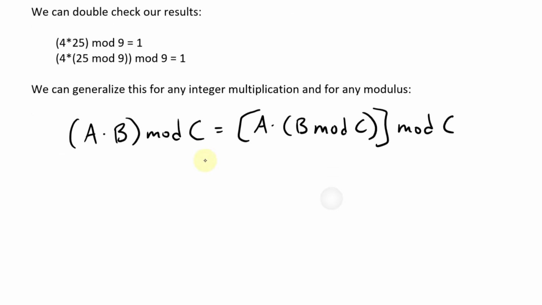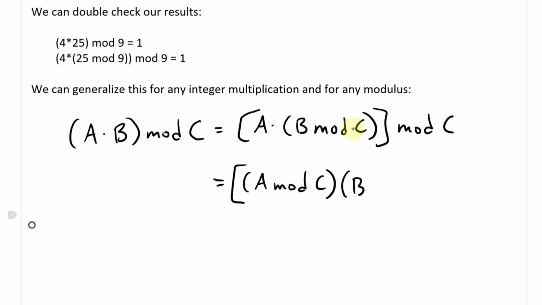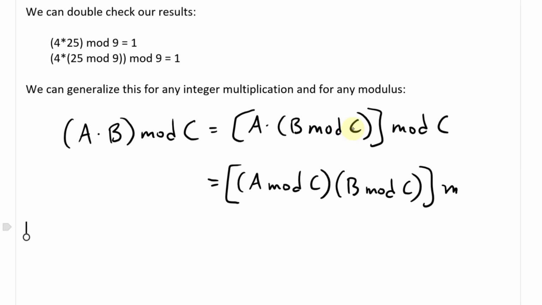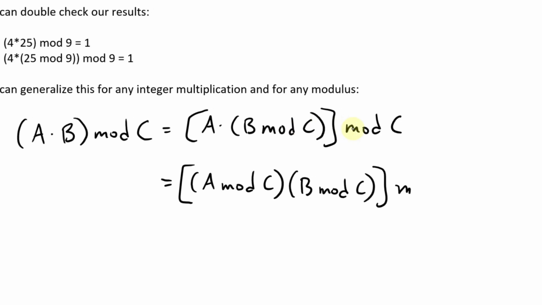Or you could also do it this way, because these just find the remainder when you're dividing by c as the modulus. So this is going to be the same as when you multiply a mod c. If we multiply both, a mod c times b mod c, all of this mod c.